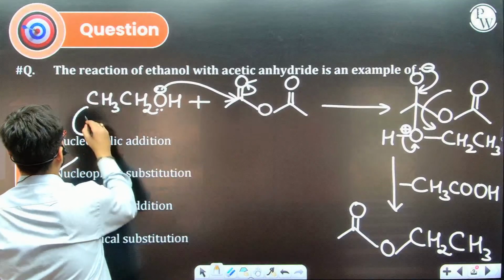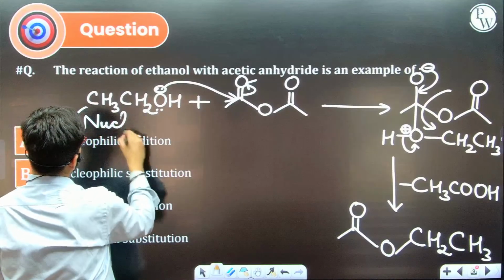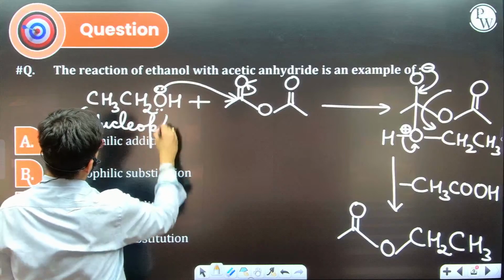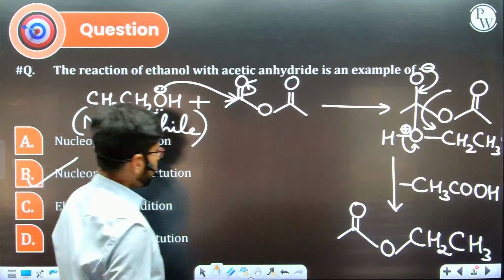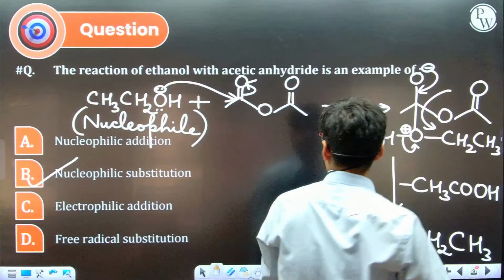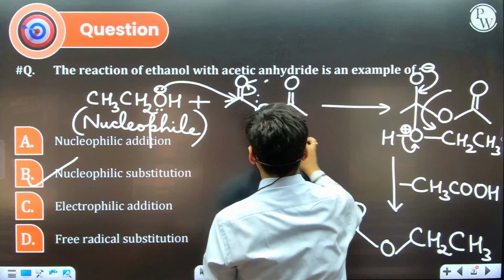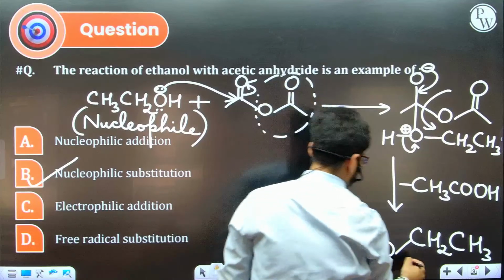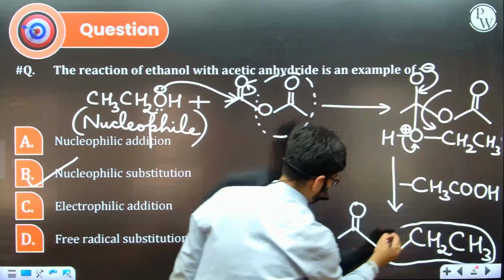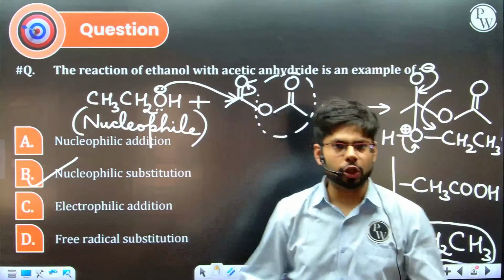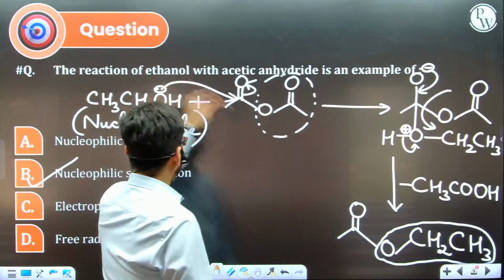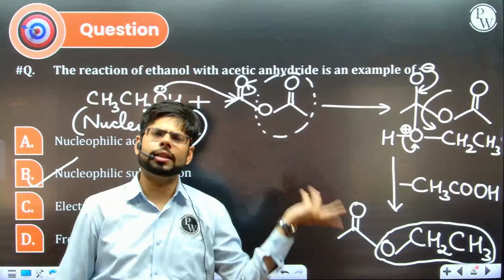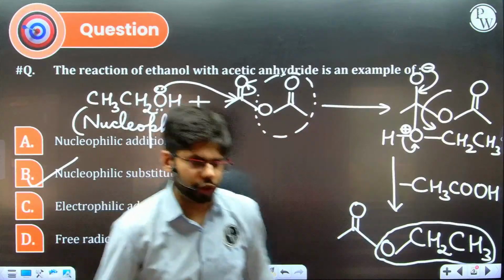Ethanol is acting as the nucleophile. A replacement reaction is called a substitution reaction. Since the nucleophile came and attacked the species, we are calling this a nucleophilic substitution reaction, right?